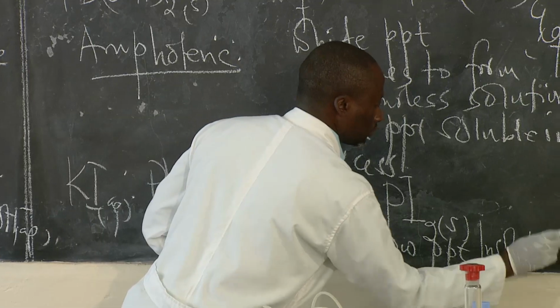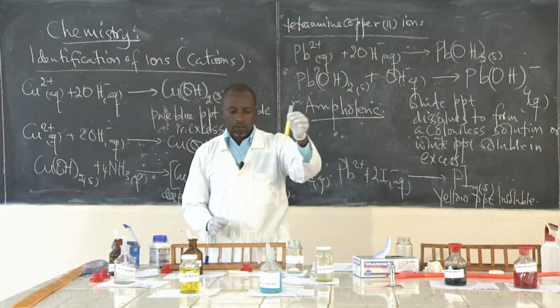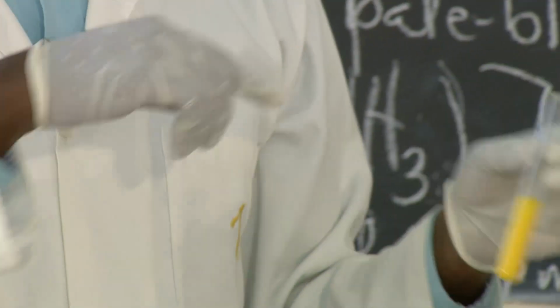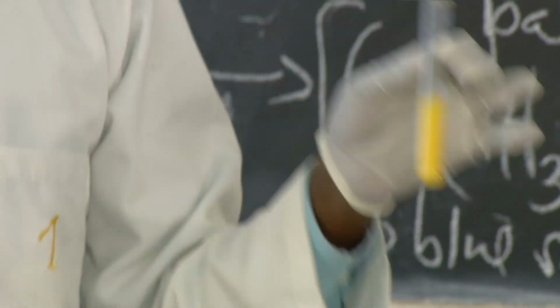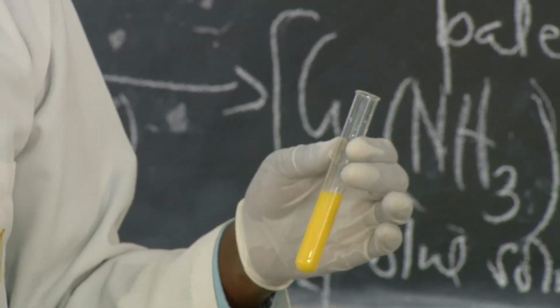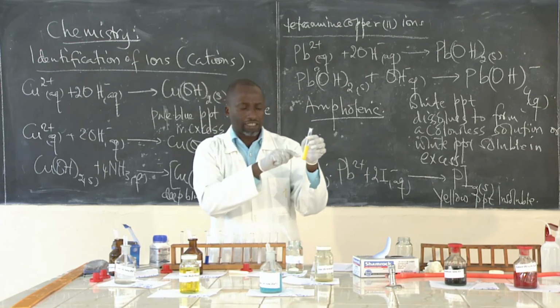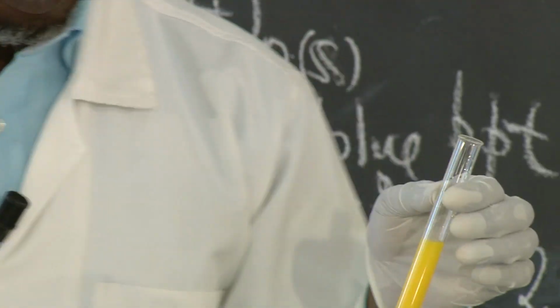Insoluble. So potassium iodide can be used to confirm the presence of lead ions in any solution. If any solution contains lead 2 ions and you add potassium iodide, this is what you get. So if you get this color, you confirm there is presence of lead 2 ions.